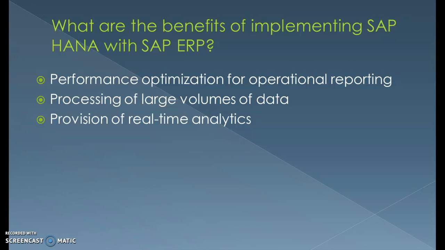All the OLAP systems will not have real-time data; it is available after a day or a week, because the jobs are scheduled at the end of the day, week, or month. So that data will be available for decision making only after those loads have been done. But when we implement SAP HANA, the data available for decision making is almost real time. You can do analytics on the real-time data.